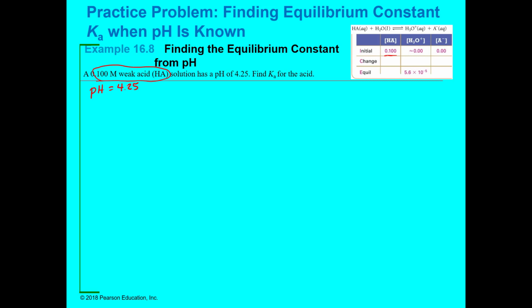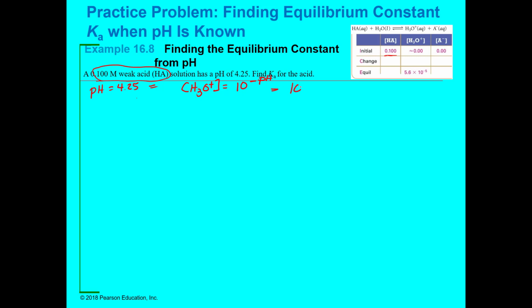So why is that 5.6 times 10 to the minus 5 written on that chart? Because the pH is going to tell me what the hydronium ion concentration is. So if I want to find that number, I'm going to have 10 to the negative pH, okay?